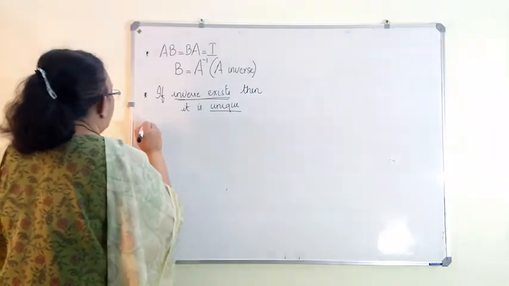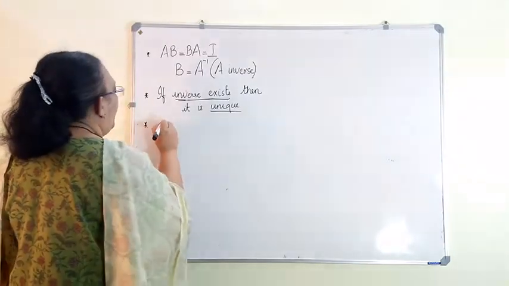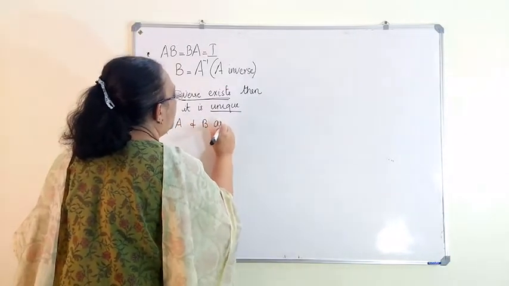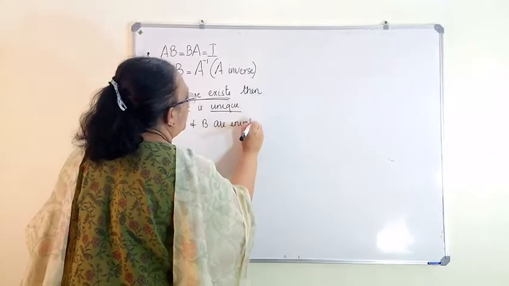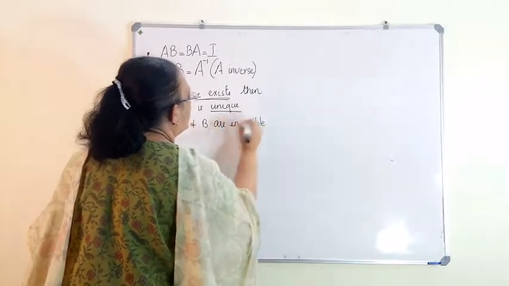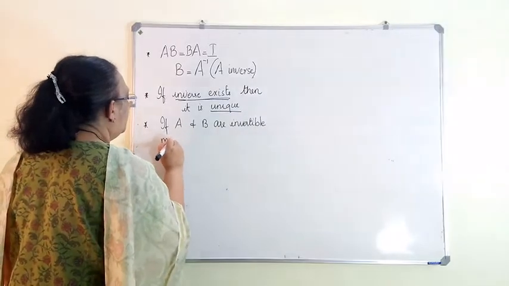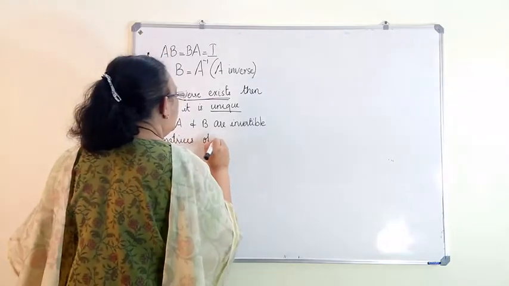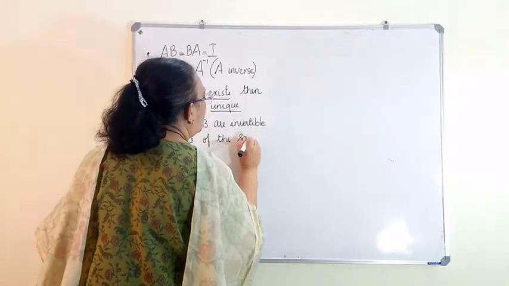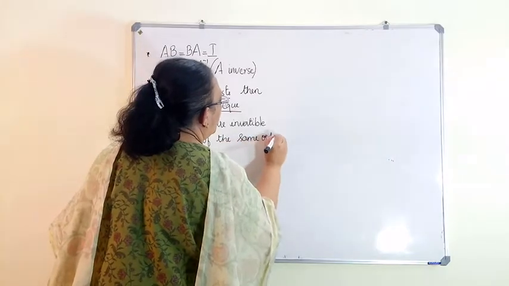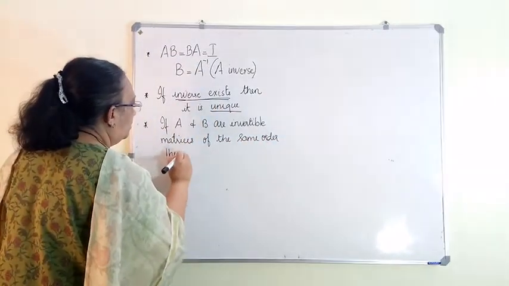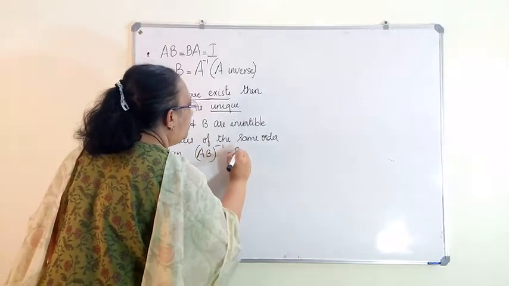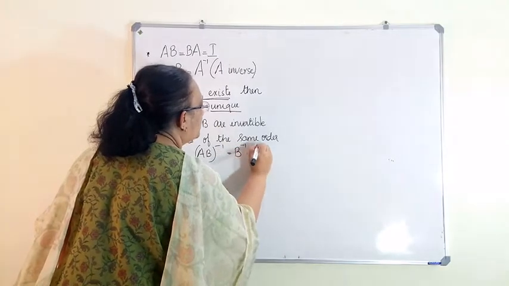One and only one. If there is an inverse, it is only one for that matrix. Another property is that if A and B are invertible matrices, that means you can find the inverse, A and B are invertible matrices of the same order, then very important property, AB the whole inverse is equal to B inverse into A inverse.